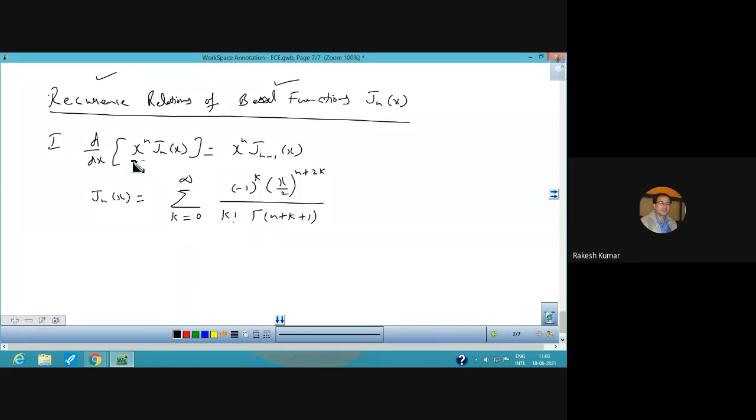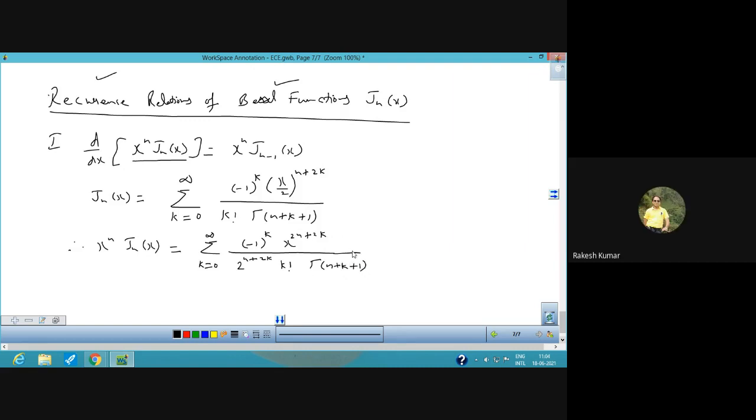What we require here is x raised to power n J_n(x), so you just need to multiply J_n(x) with x raised to power n, and it can be written as (-1)^k, and you will have x^n times x^(n+2k), which becomes x^(2n+2k), divided by 2^(n+2k) k factorial gamma(n plus k plus 1). This is after multiplication.